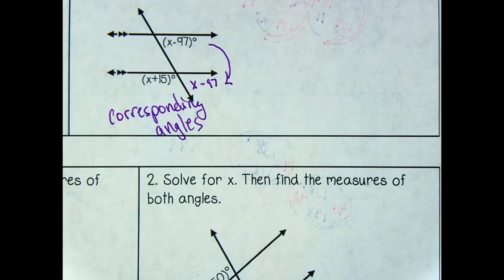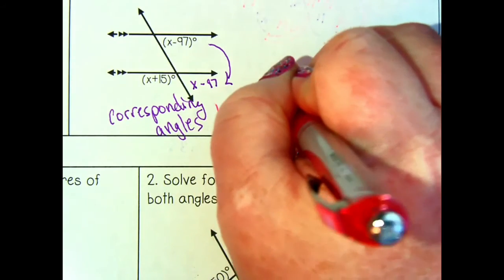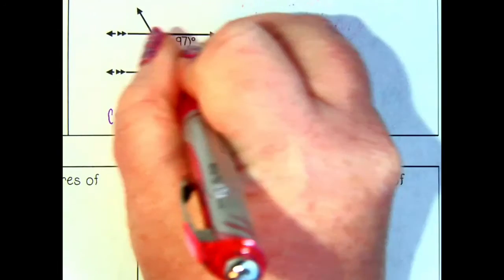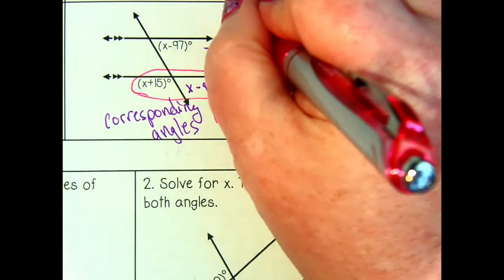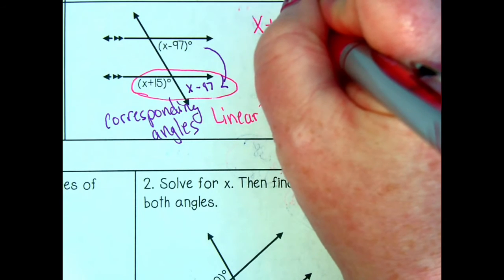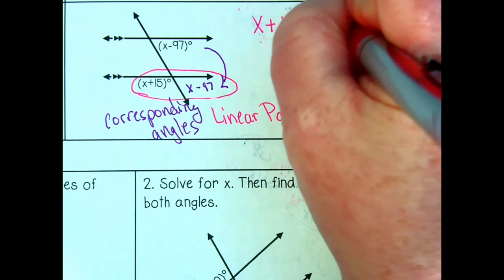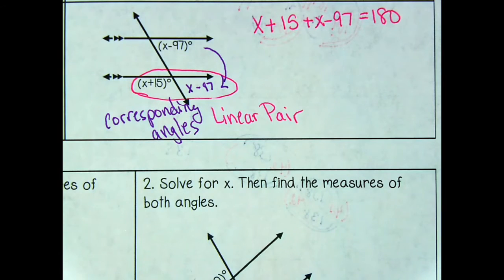And then I can use a linear pair to see that these two angles will add up to 180 degrees. So the equation that I will set is x plus 15 plus x minus 97 is equal to 180 degrees.